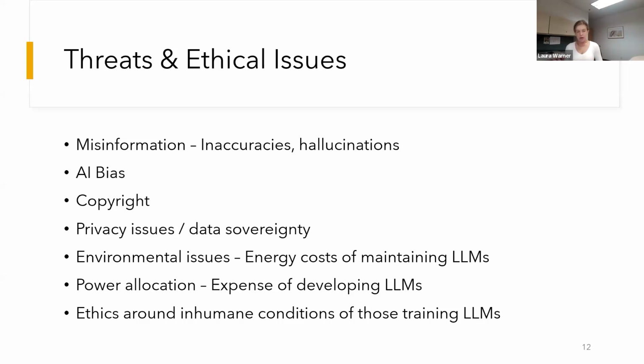LLM. AI bias. Now, I want to preface this with AIs don't actually have thoughts and feelings anyway. But since they're trained on the internet, which is not the world's most friendliest educational facility, they're going to perpetuate biases present in the data that they're trained on.